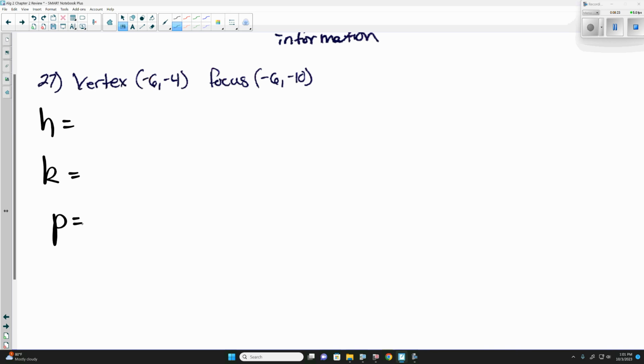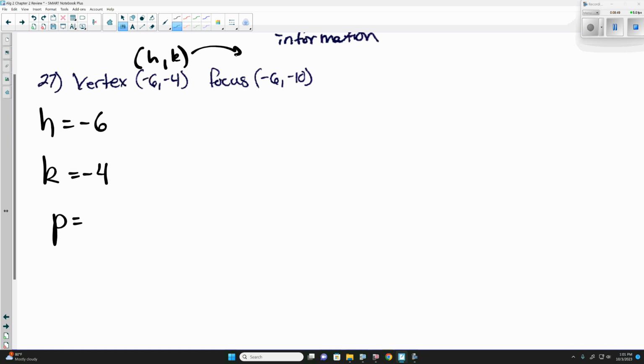for these here, we need to find the values of h, k, and p. Now the vertex is the point h, comma, k. So it tells us the vertex, the h value and the k value. Now we need to find the p. So we need to see which one, in the general form, changed from vertex to focus.